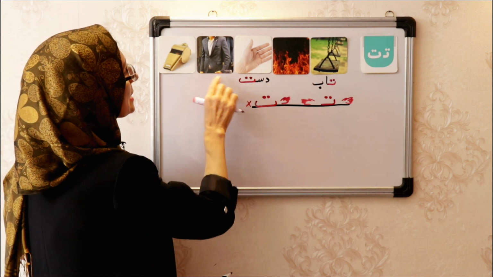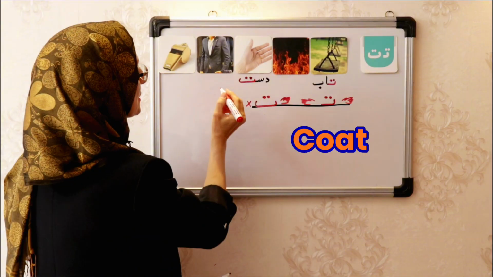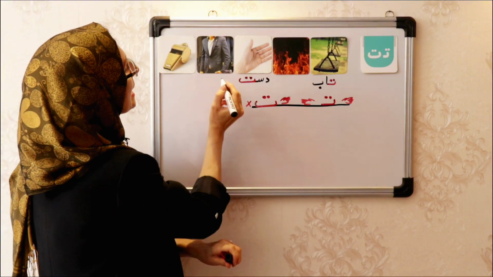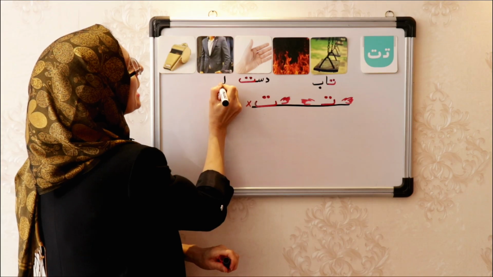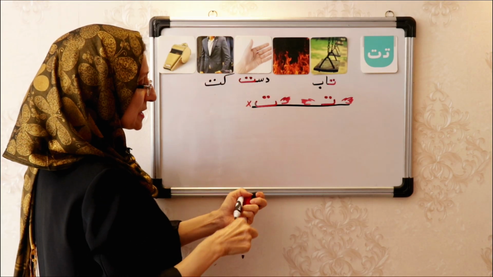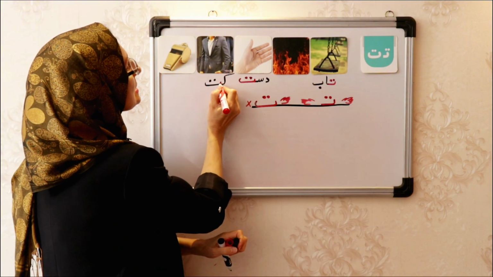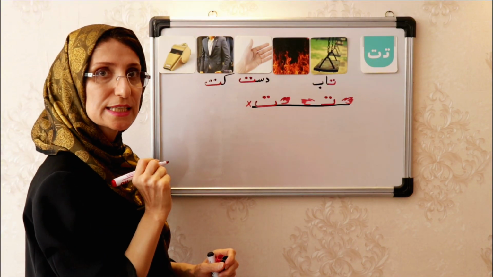And also in the word coat, a loan word from English. Again, it takes the hands of the previous sound, K sound and T sound. Coat. You see, T takes the hands of K sound.